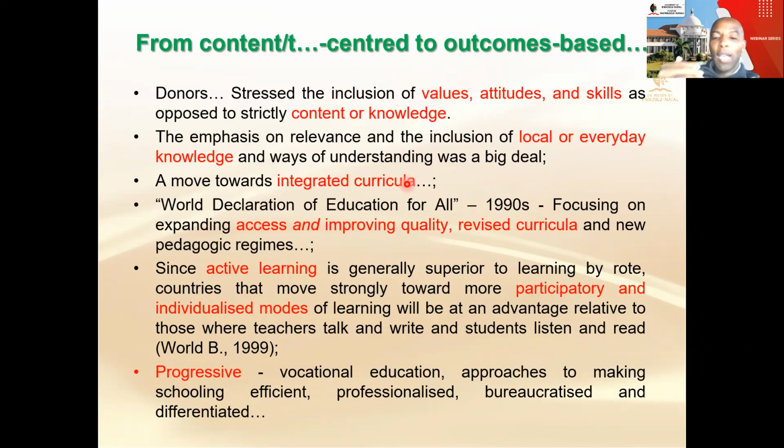And then we also had the call from the World Bank, where there was a demand that we should accommodate everyone. Then we also wanted to improve the quality of education, and we also wanted to promote the so-called active learning or active learners using participatory and individualized modes of learning. So the World Bank demanded that in 1999.